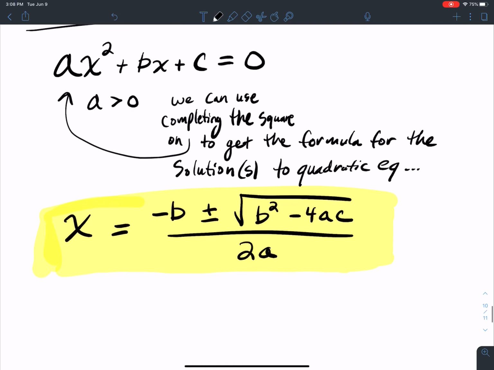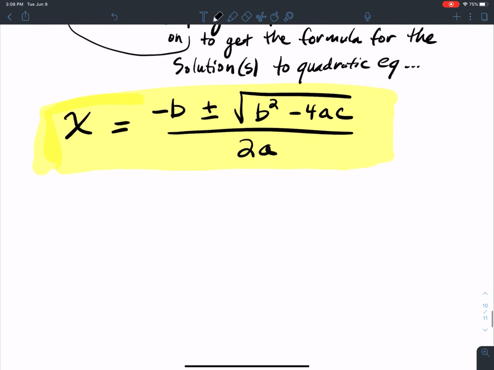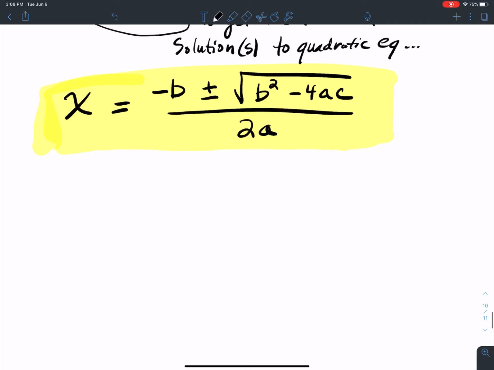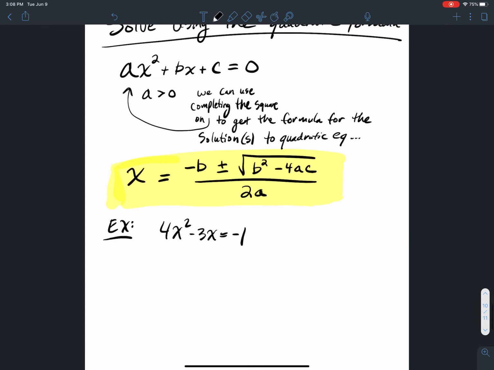So, quadratic formula. Let's use it. So here's an example. 4x squared minus 3x equals negative 1. In order to use the quadratic formula, there's two things you need to note. Number one, it needs to be set equal to 0.